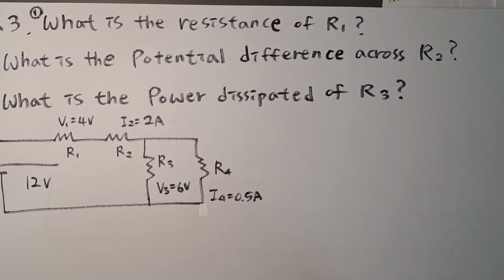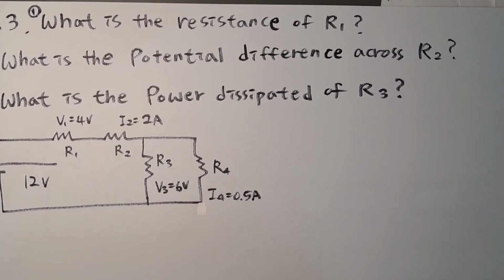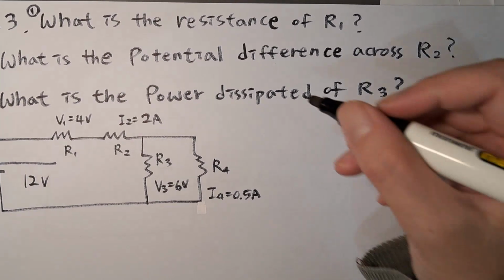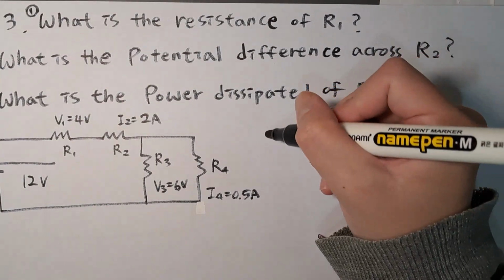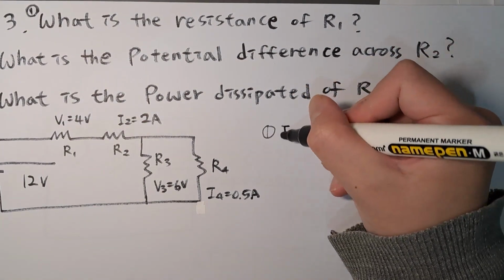What's the resistance of R1? What's the potential difference across R2? What's the power dissipated of R3? So we are going to find the resistance of R1.